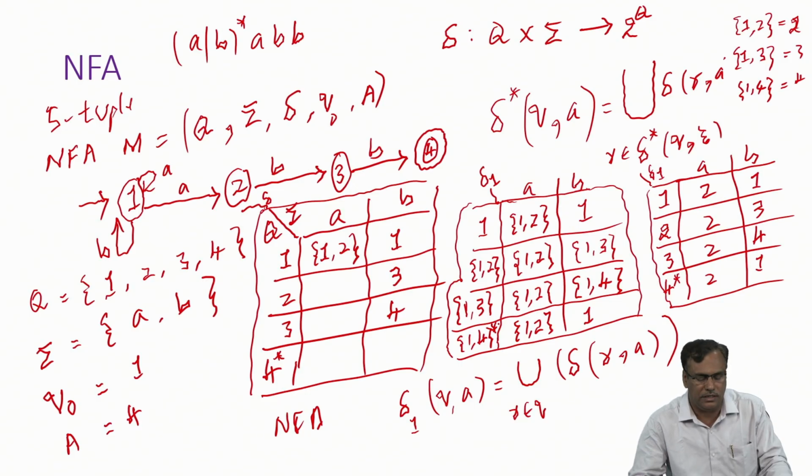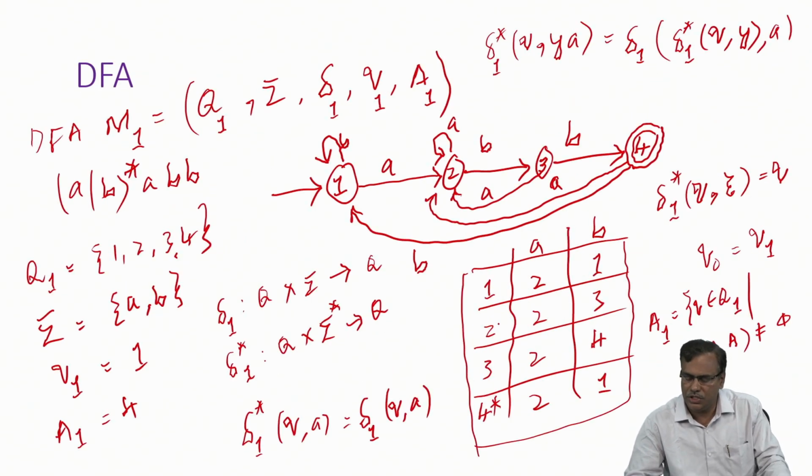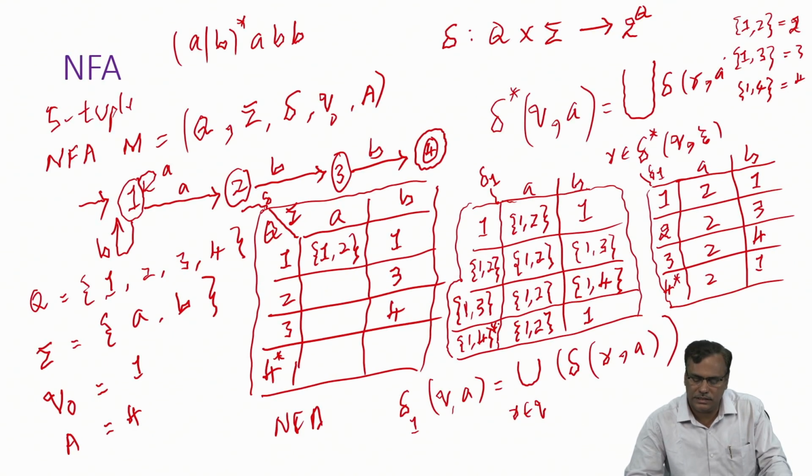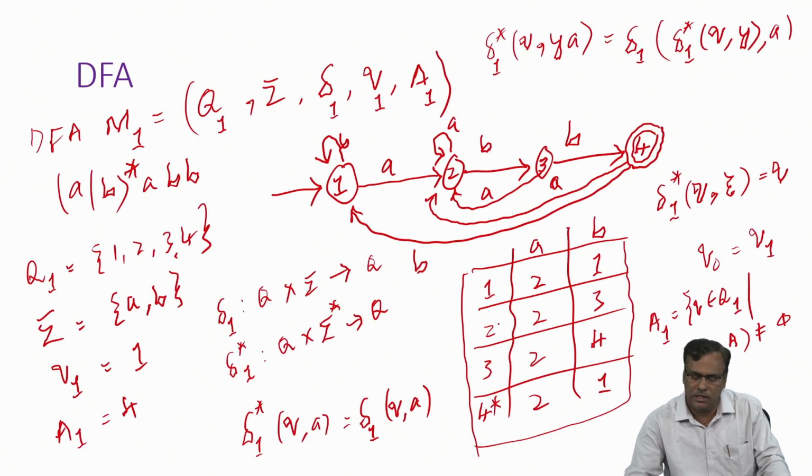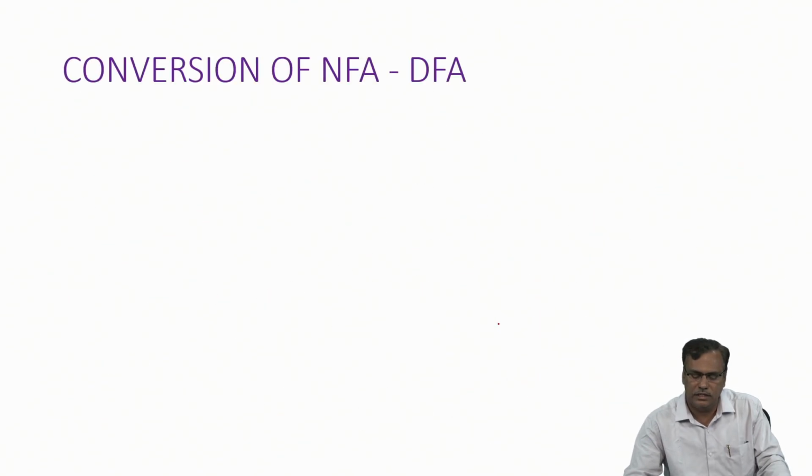It is not equal to phi, right? So that is the reason it says Q intersection A is not equal to phi. That is the reason this 1, 4 is taken as a final state of this DFA, and we know this 1, 4 stands for 4. So with respect to this DFA, you have this 4 as a final state, right?